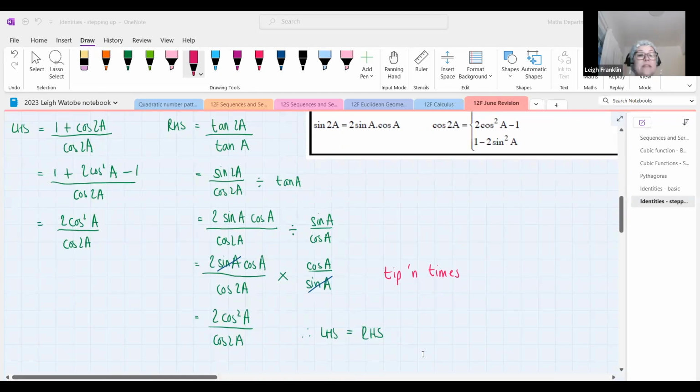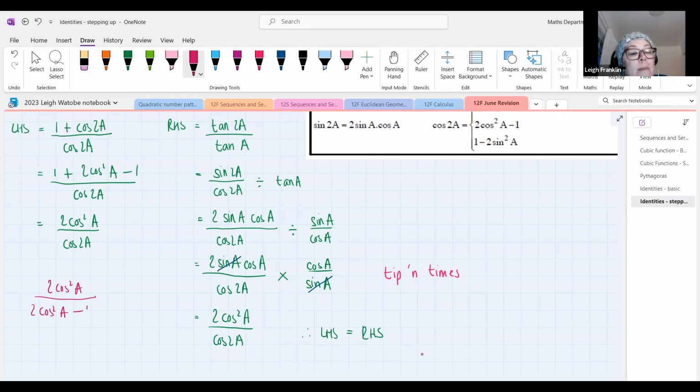The reason is what this simplifies to. You've got this 2 cos squared a at the top. There are 3 ways that you can write cos 2a, but it doesn't matter which one you write, you're not going to be able to go any further. Let's say you decide to write it as 2 cos squared a minus 1. You're still stuck, aren't you? There's nothing else that you can do here.